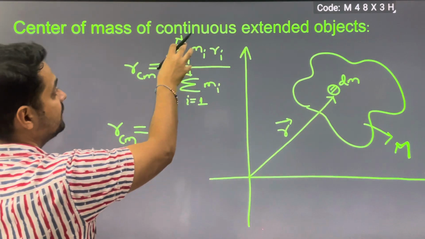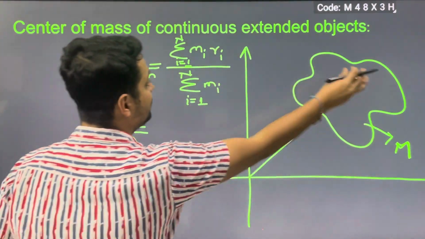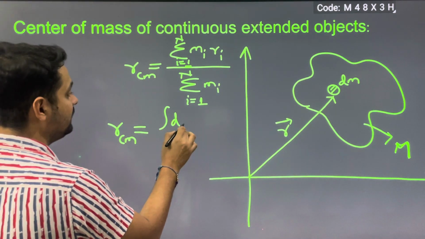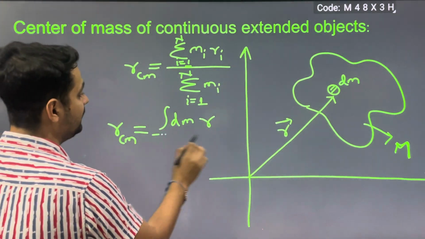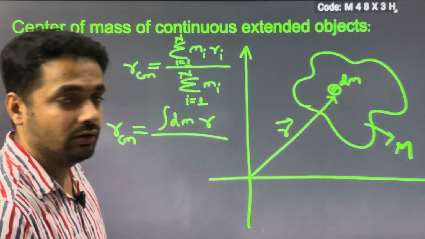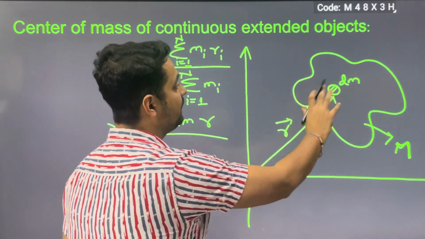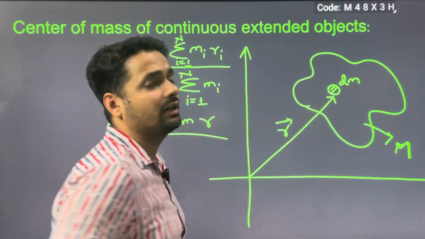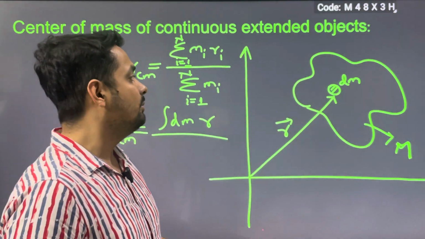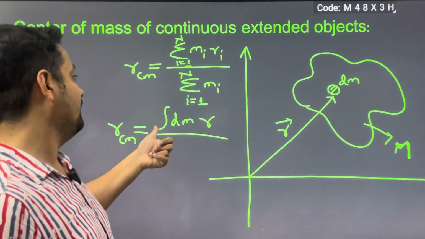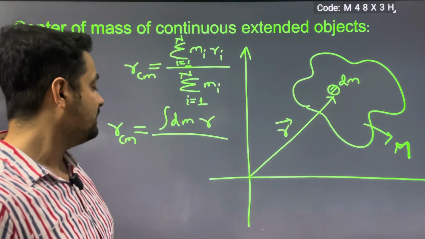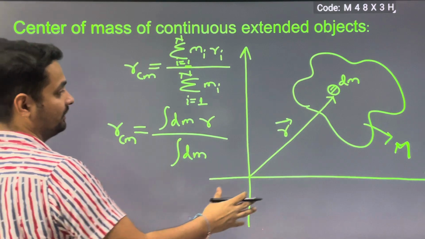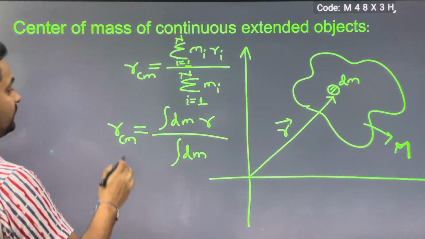Because this is a sum over a system of particles, here I have to sum the dm masses, so I will write the integration of dm r, correct? Integration is also a sum only. So first I divide the body into dm parts, and so many small parts are there. Their mass moments I sum in terms of integration, divided by the integration of dm, which is the total mass M.